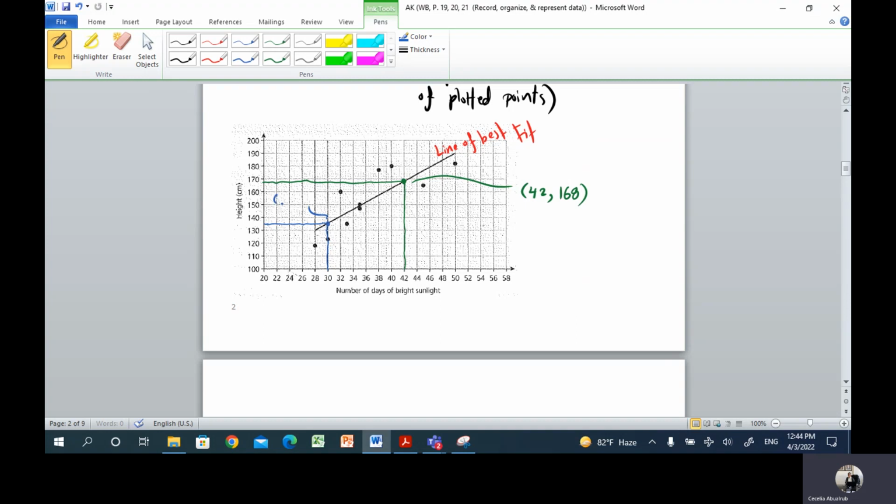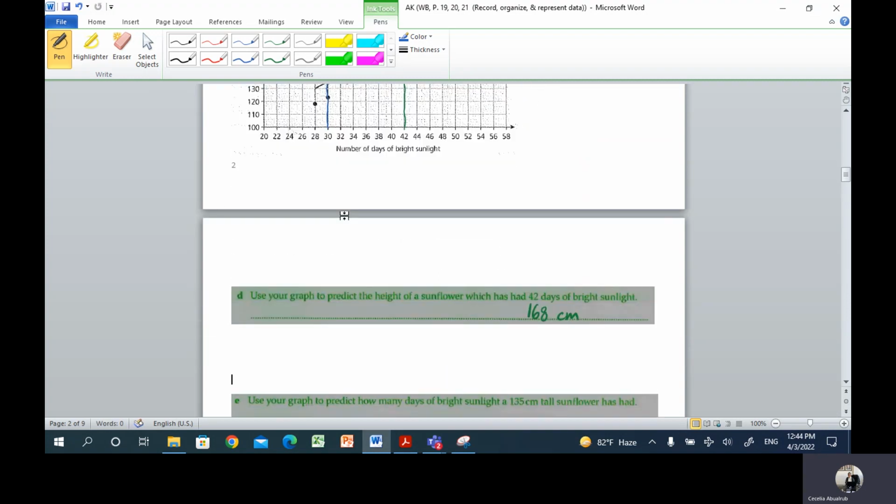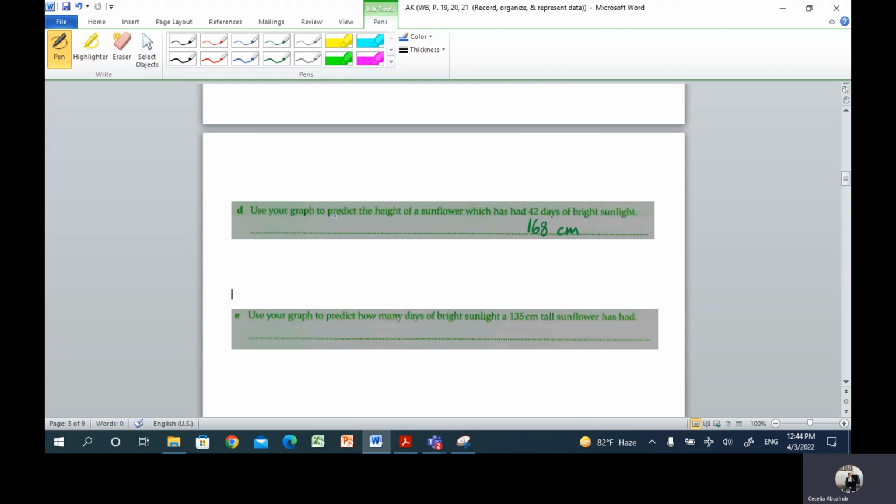And the coordinates of this point are 30, 135. So if a plant is 135 centimeter tall, then most likely it has been exposed to the sunlight for 30 days. Okay?